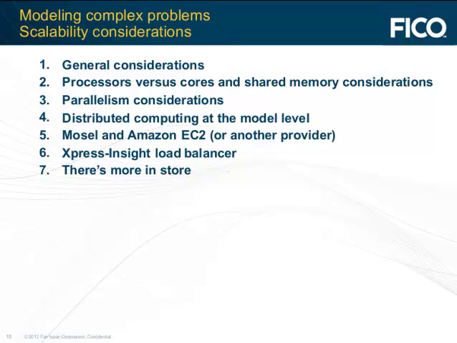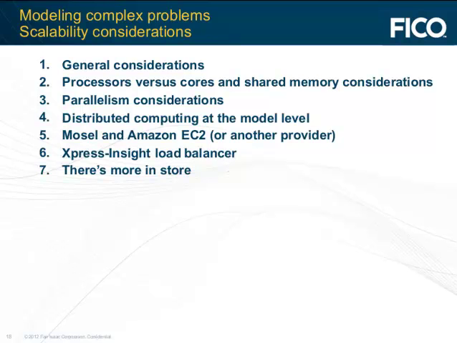And this is where point 5, Amazon EC2, comes in handy. In Mosel, you have the ability to launch an Amazon EC2 instance, execute your Mosel model on that, and then retrieve the results, all programmatically, all automatically. So that's built into Mosel. Finally, the Express Insight load balancer automatically sends tasks across the various optimization services that you might have set up.